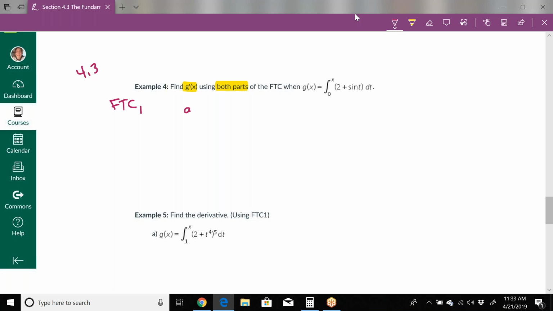So g prime of x is equal to d dx of the integral from 0 to x of 2 plus sine t dt. And we learned that it's a direct substitution here. So g prime of x is 2 plus sine of x.